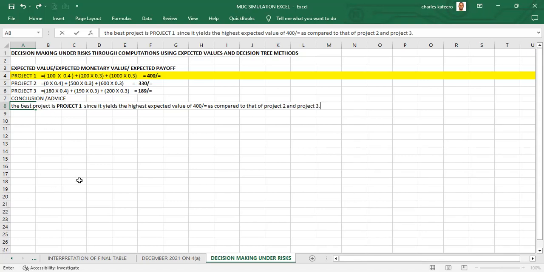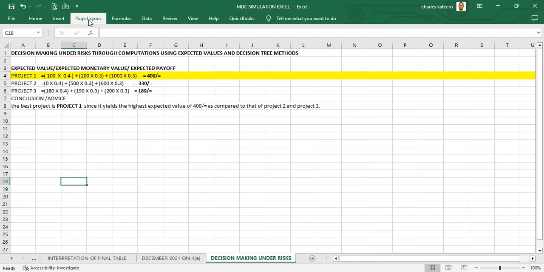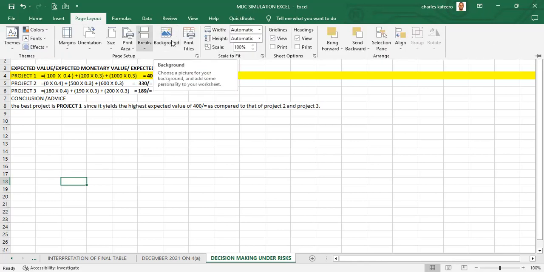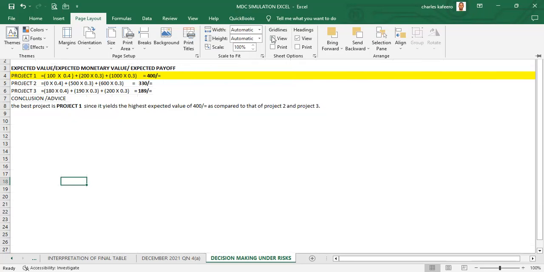That is the conclusion that they wanted us to do. It was very simple. It just needed something small that we needed to do. So that's as far as the expected value is concerned.